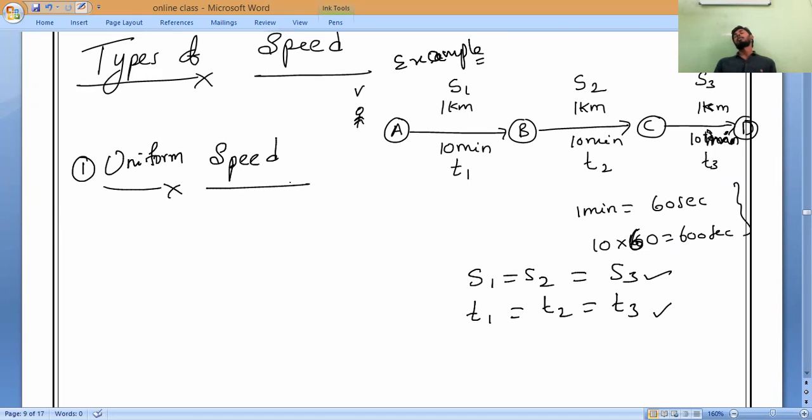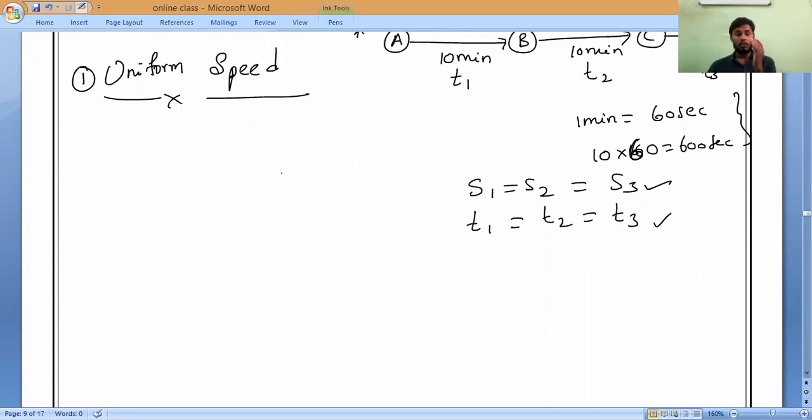Can you give me the definition of uniform speed? What do you mean by uniform speed? A body travels equal distance in equal intervals of time. That is what is called uniform speed.